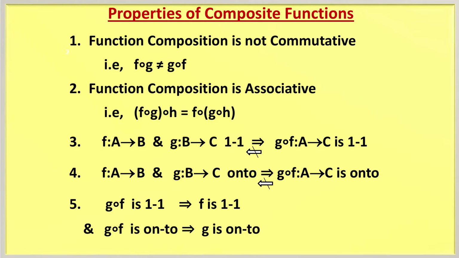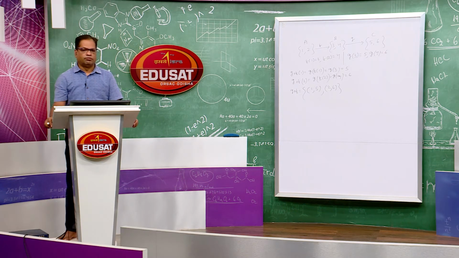Fourth, if f and g are onto, then g composition f is also onto, but the converse is not true. And fifth, if g composition f is one-one, then f is one-one, and if g composition f is onto, then g is onto. For the proofs you can refer to your textbook.